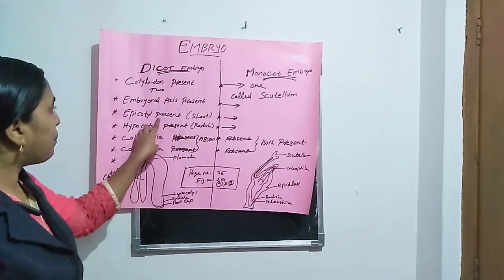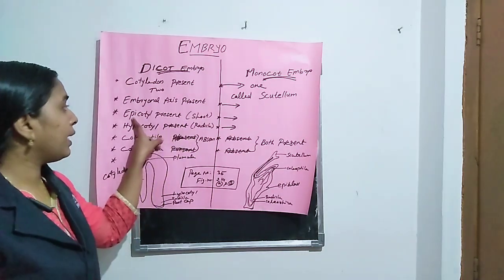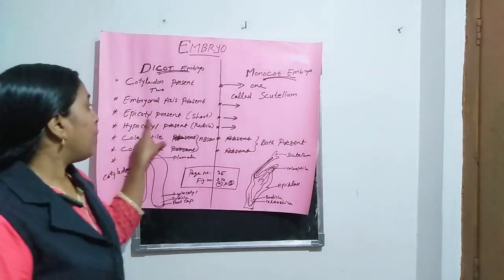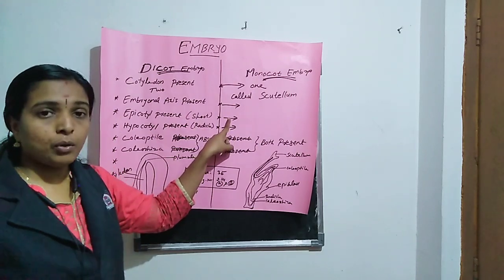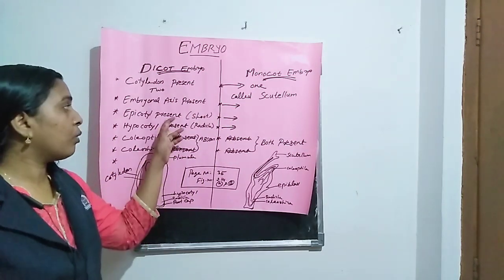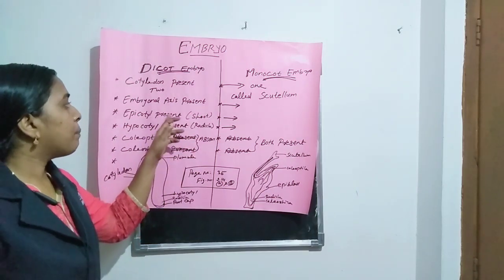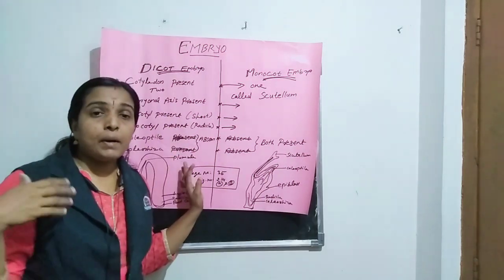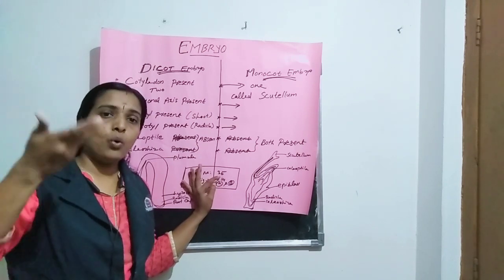Then next, epicotyl present. The term epicotyl is present in both dicot and monocot. What is epicotyl? You can note it down in the same point itself. Epicotyl means the part or region above the cotyledon.